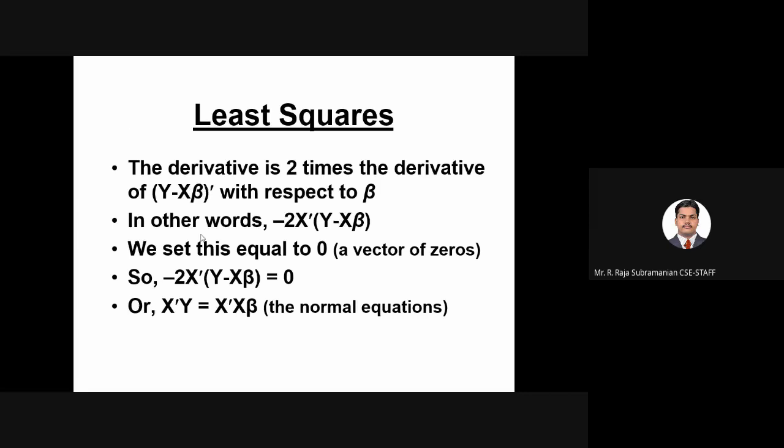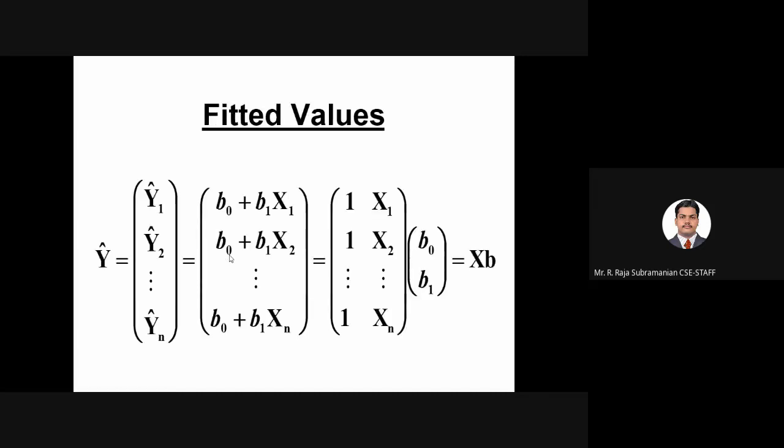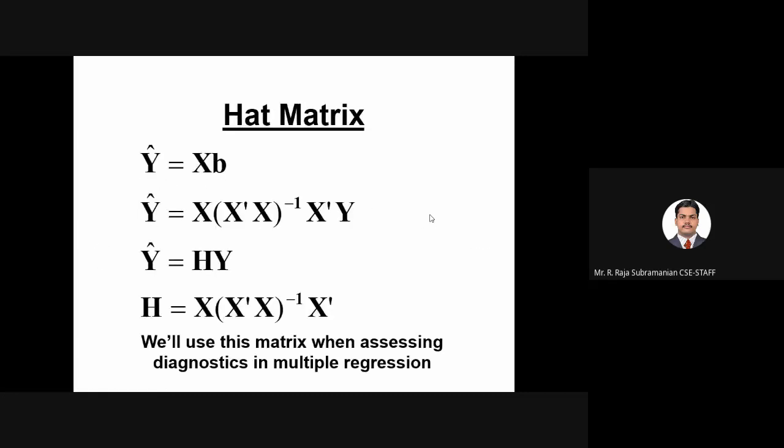All the same values will be coming, and I hope you remember this formula. I can estimate the beta value as (x dash x) the whole inverse into x dash y. So this is the value we obtained by using the least square estimate. We had a derivation for this and proved this, right? And that's what we said here, right? We'll directly come onto the final one. Yes, here.